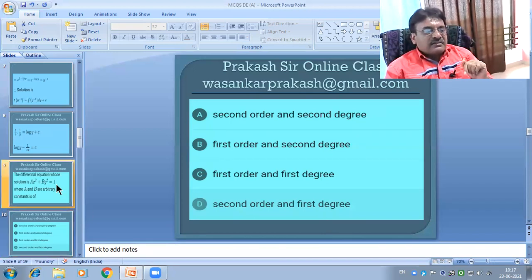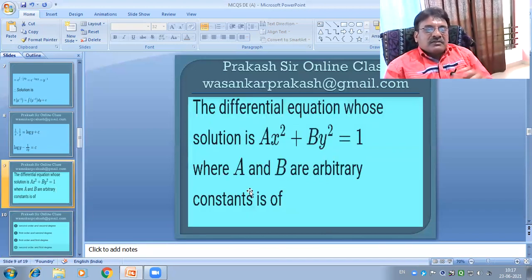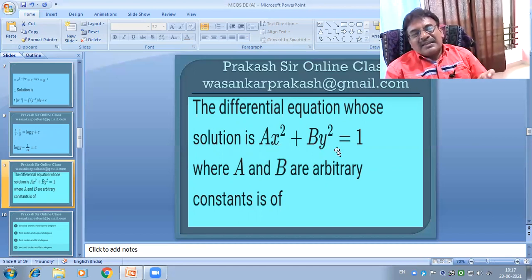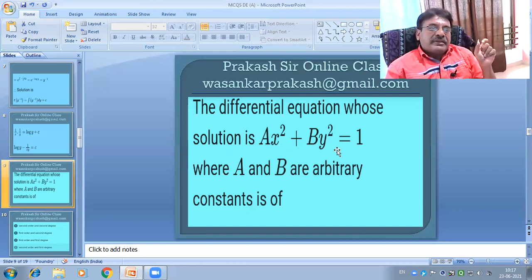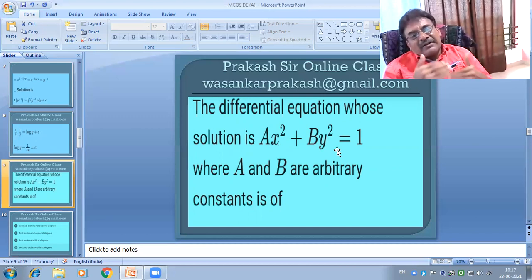That is here, one equation is given. And this equation, that is ax square plus by square equals 1, contains two arbitrary constants, capital A and capital B. So here, we first eliminate the arbitrary constants and form the differential equation.